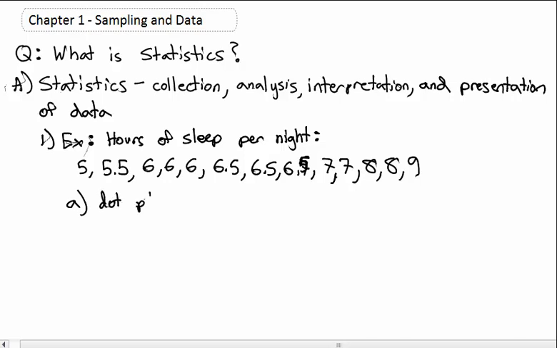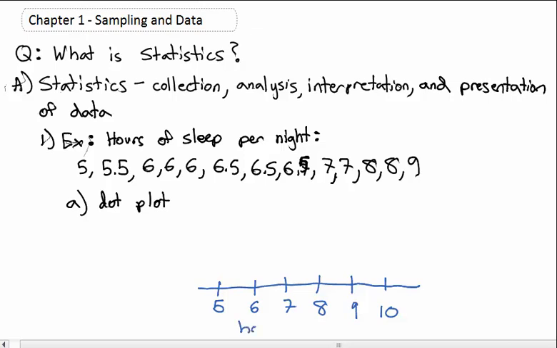which is going to go through, we're going to make this number line here, starting at 5, 6, 7, 8, 9, maybe 10. That's going to represent the number of hours of sleep they got. And we'll put one dot for every data value.